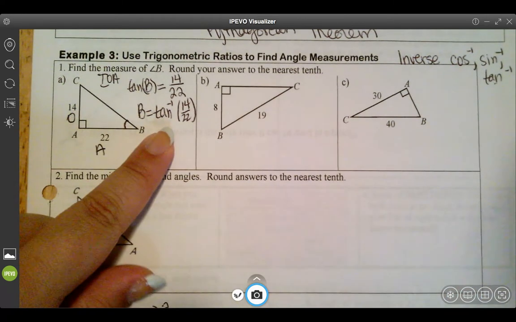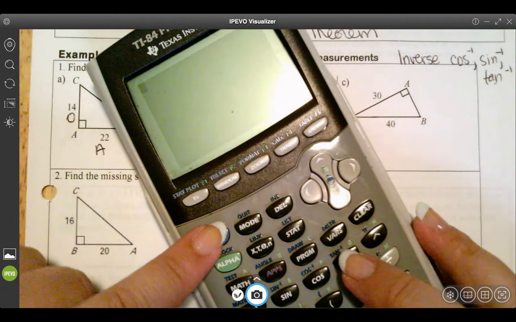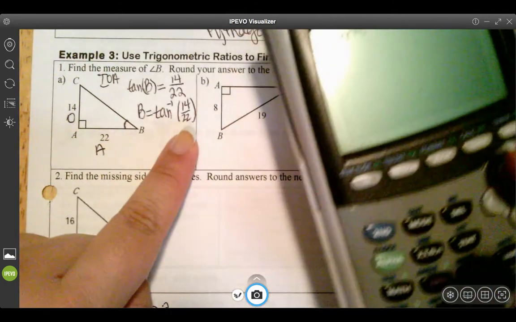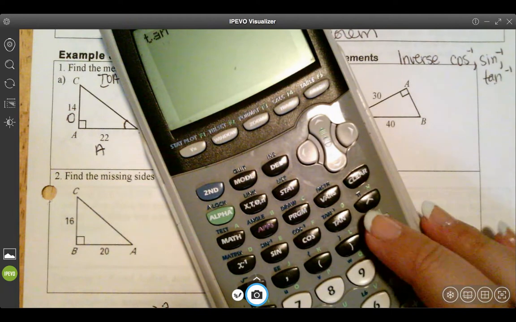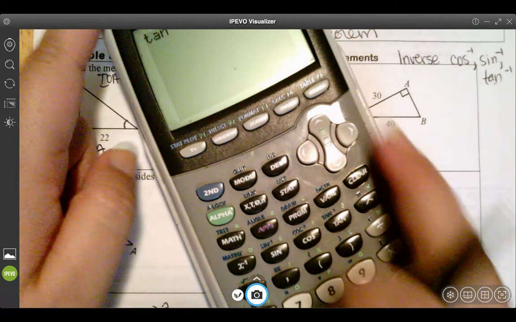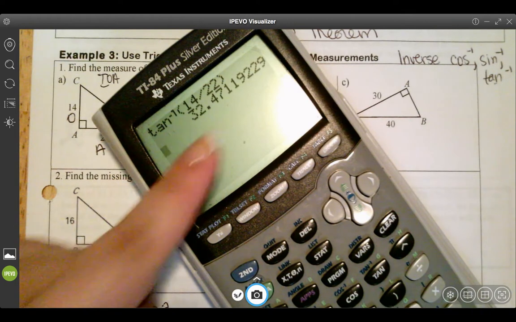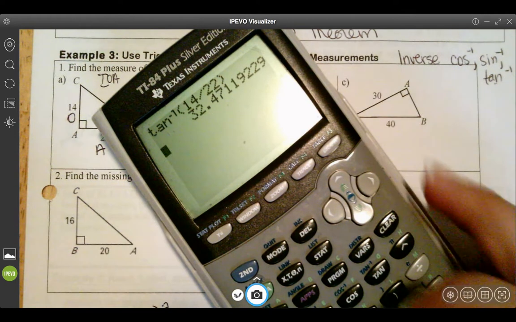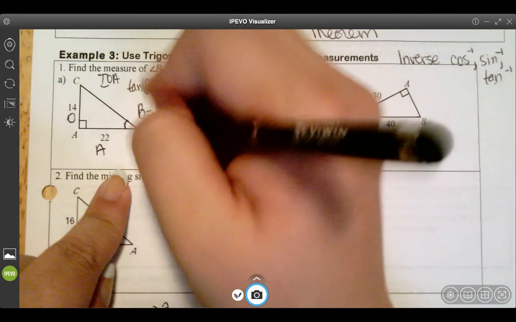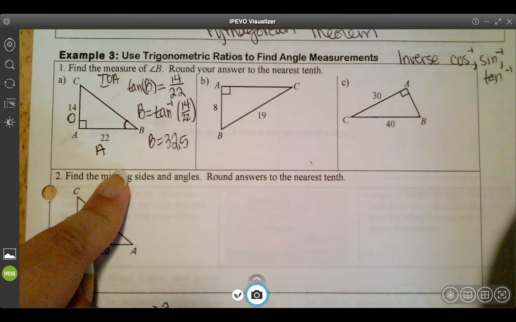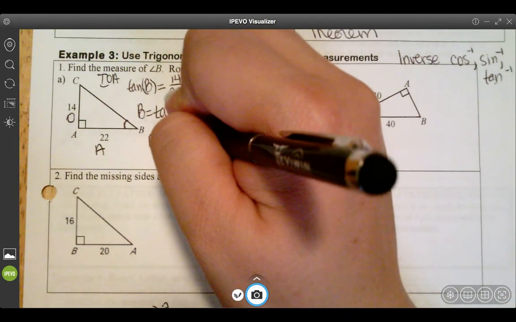So to do this calculation, you do second tangent, which is tangent inverse, of 14 over 22. And make sure that whole thing is in the parentheses inside of tangent. Enter, and we'll still round to one decimal place, is 32.5. B equals 32.5, but this time it's an angle measurement, so we need to put a degree sign.